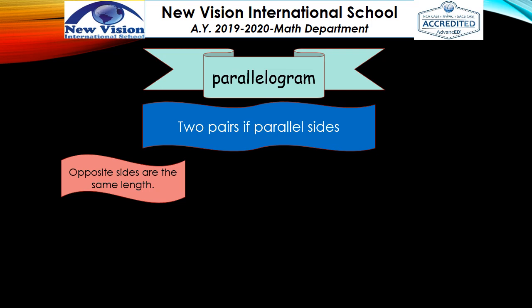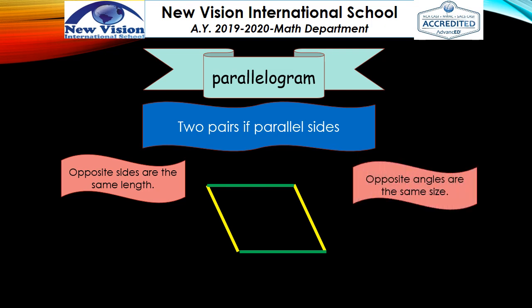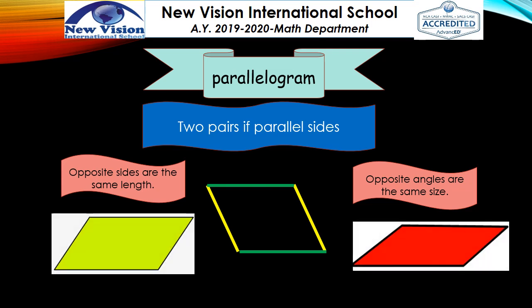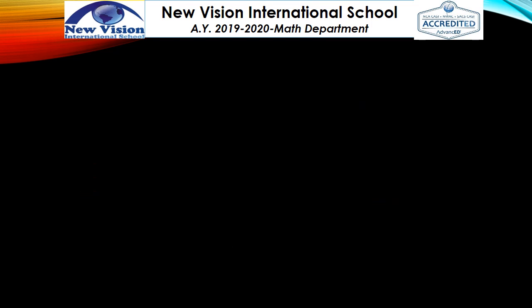It means that there are two sets of opposite sides and those sides never cross. Look at these two sides there. They are parallel and these two sides are also parallel. So they have two pairs of parallel sides. And opposite angles are the same size as well. So these are parallelograms.